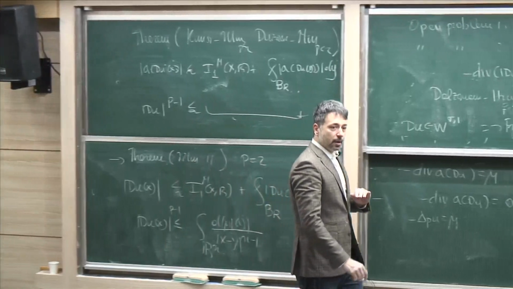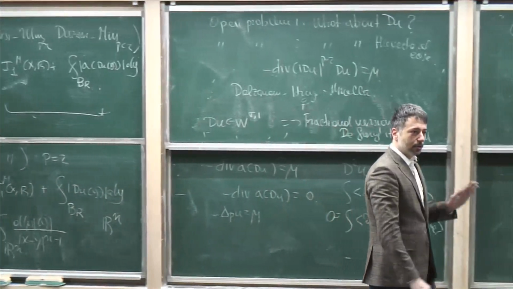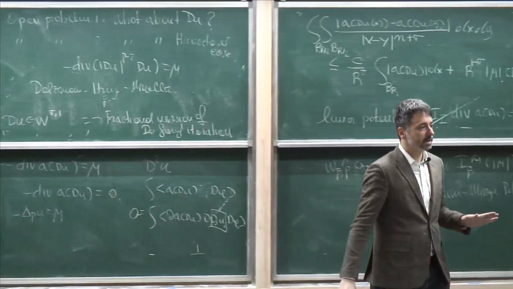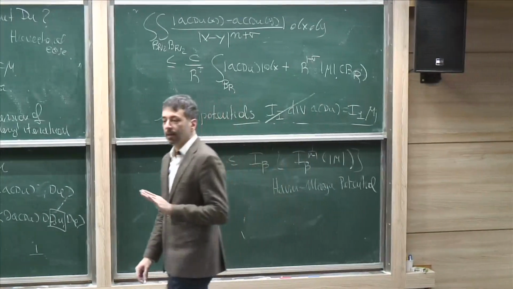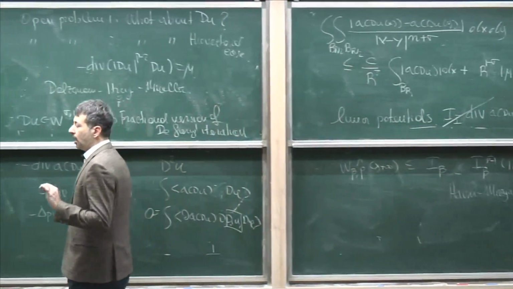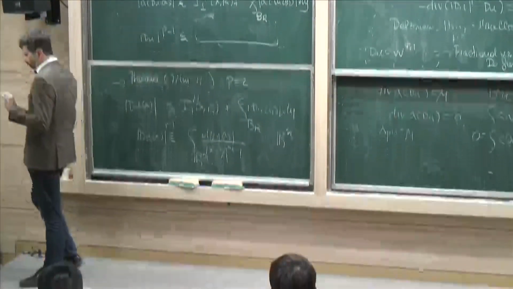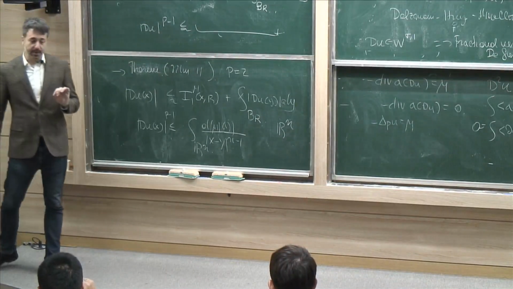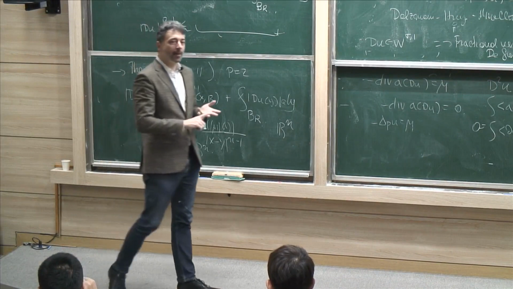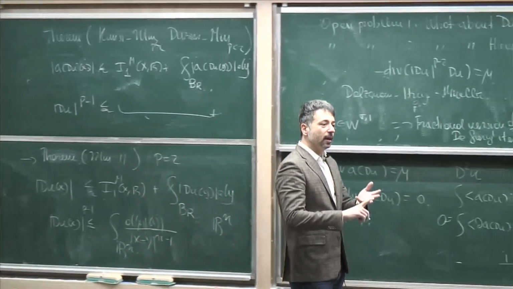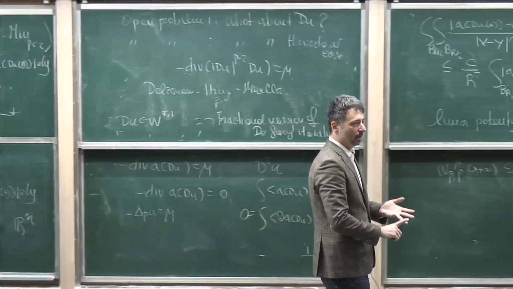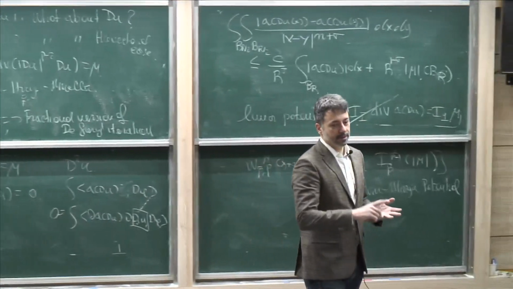So this gives a surprising solution to the first open problem. Surprising because although you are getting a nonlinear problem, you're coming up with a linear estimate that reduces the whole theory to the linear theory.